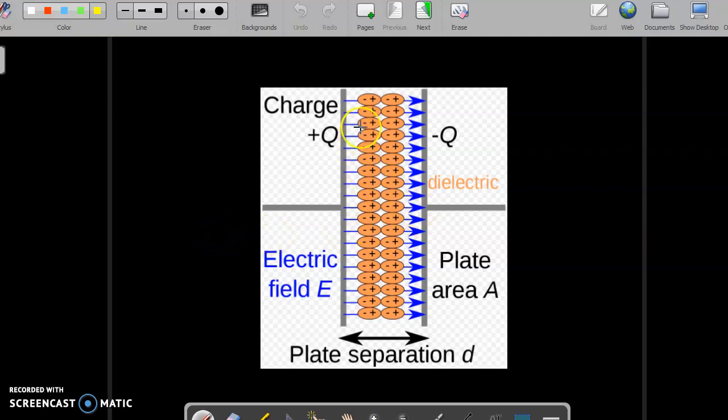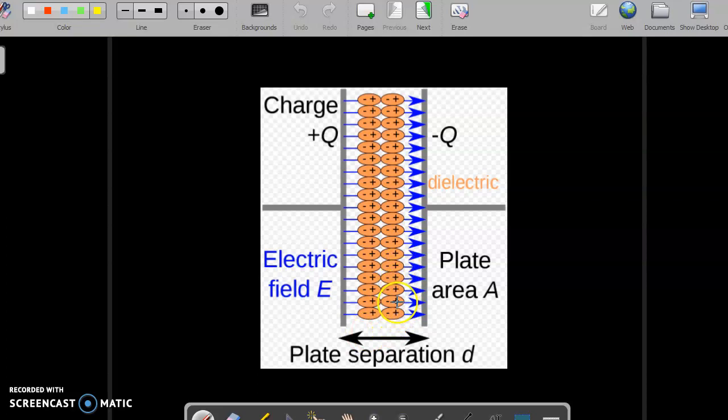And here we can see two plates, just like a parallel plate capacitor. One side is plus charge, another side is minus charge. So there is an external electric field. In between we can see a dielectric medium, sandwiched between the plates, and due to the charged plates there is an external electric field around this dielectric material.